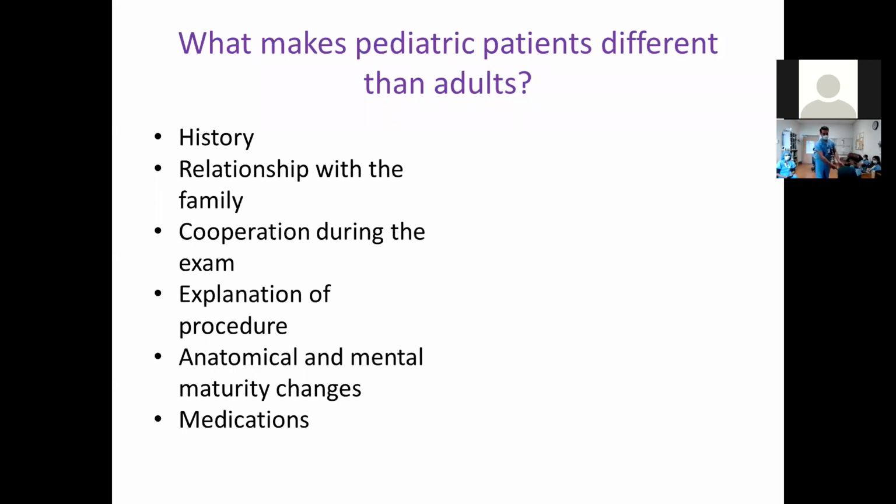The same goes for explanation of the procedure. Depending on where they are developmentally, the explanation of the procedure varies. What you're going to explain to a school-age child is very different from how you are going to talk to teenagers. And also there are significant anatomical and mental maturity changes that you need to be aware of.